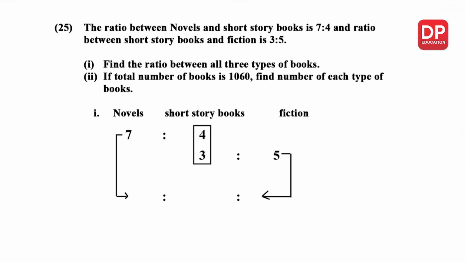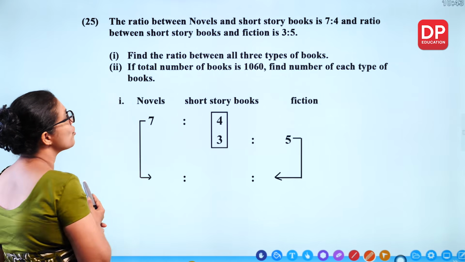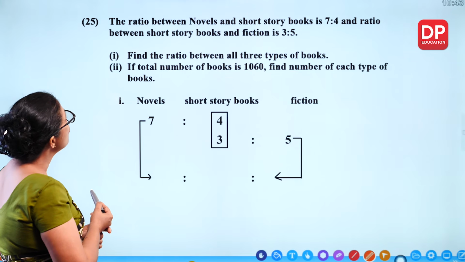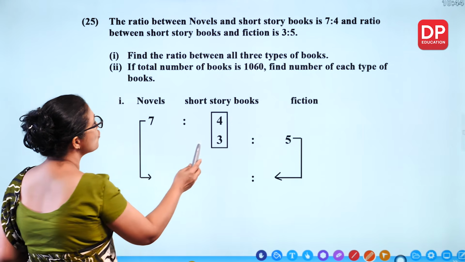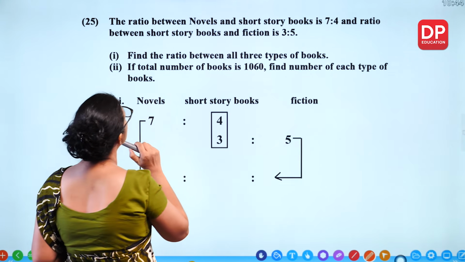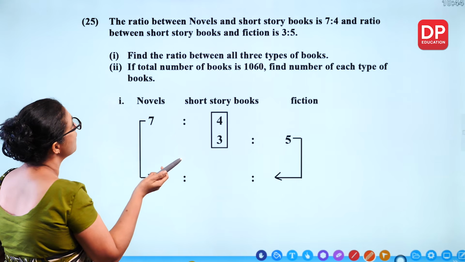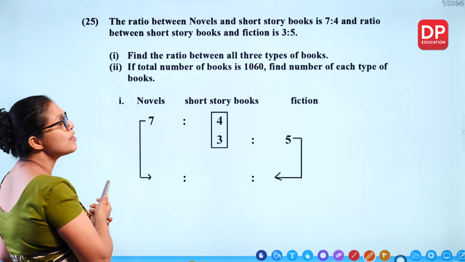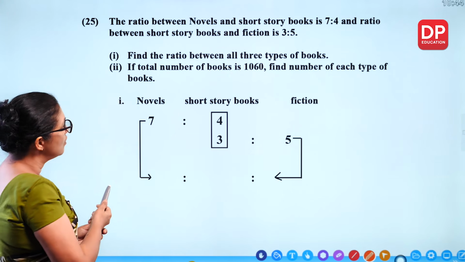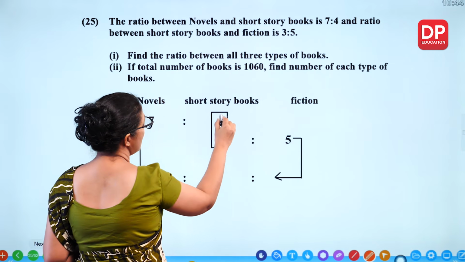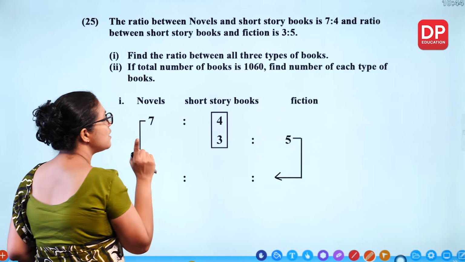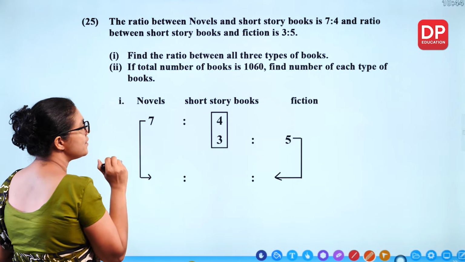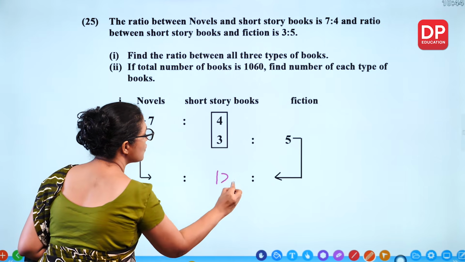Look at this question. The ratio between novels and short story books is 7 to 4. Novels to short story books. The ratio between short story books to fiction is 3 to 5. Find the ratio between all 3 types of books. So this is the value here, 4, 3. What's the lowest common multiple of 4 and 3? That's 12.